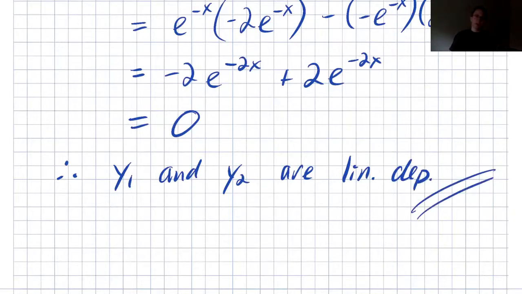So you see how closely related this idea of linear independence and linear dependence is to the Wronskian, and how this Wronskian actually came up when we were trying to use our initial conditions to find the values for C1 and C2. Really, what ended up happening in this section is we looked at simple linear systems with two equations and two variables.